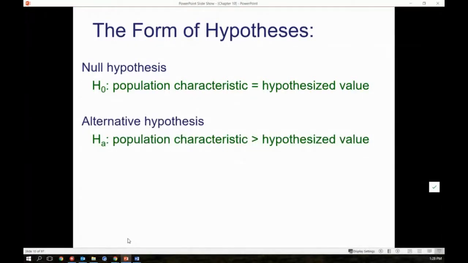Now, for the alternative hypothesis, there are 3 different options. They're the same for both AP and dual credit. First option is that we're strictly greater than. The population characteristic is strictly greater than our hypothesized value.